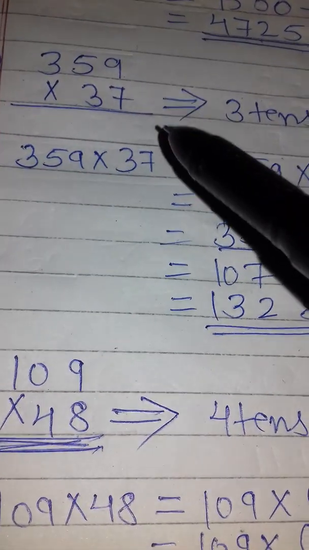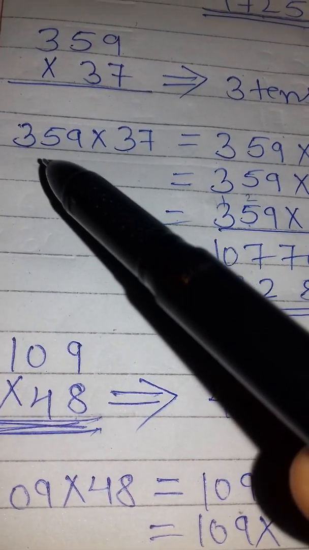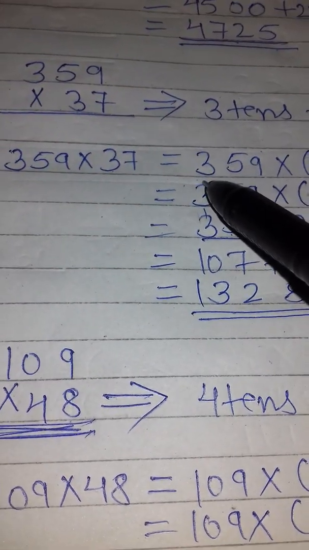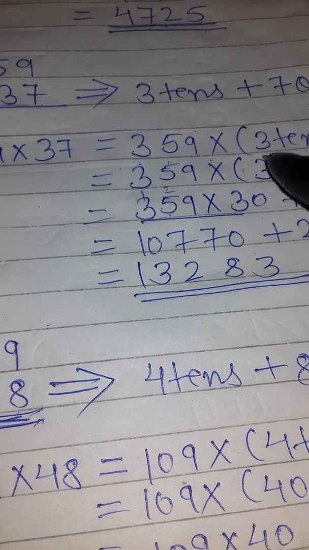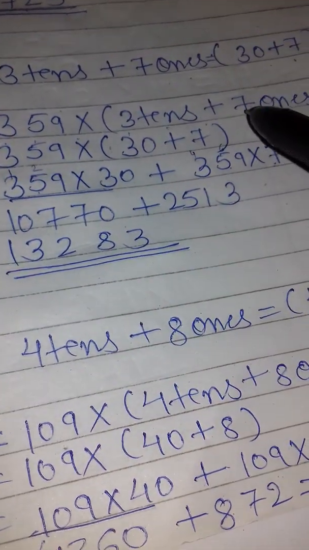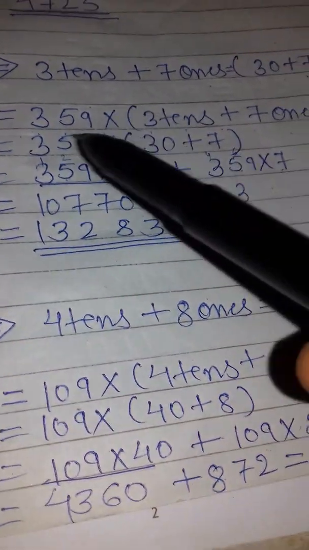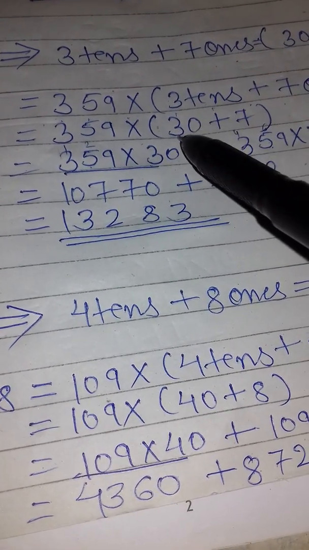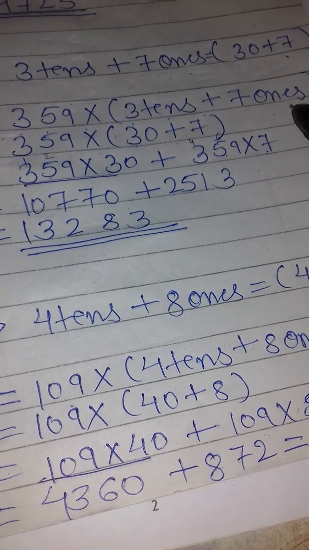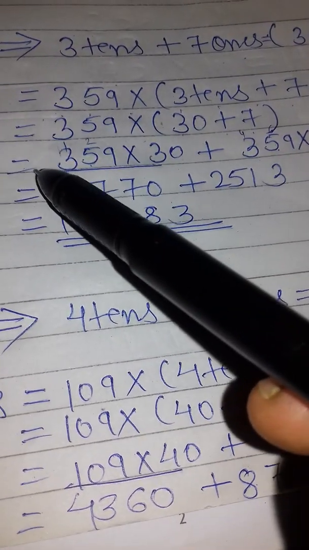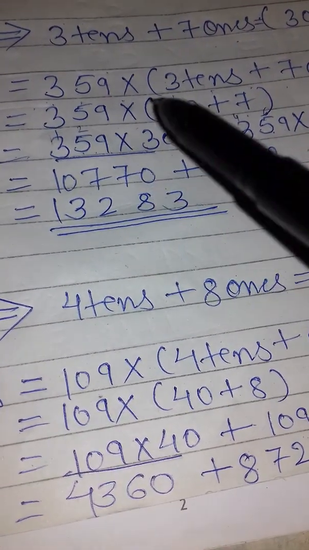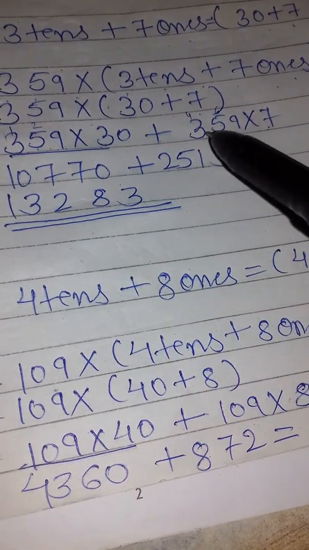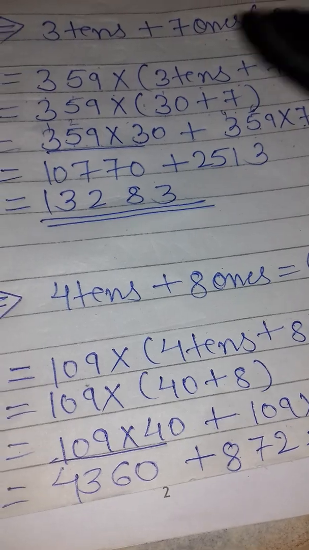So let us solve this multiplication. 359 into 37 is equal to 359 into 3 tens plus 7 ones, which is 359 into 30 plus 359 into 7.